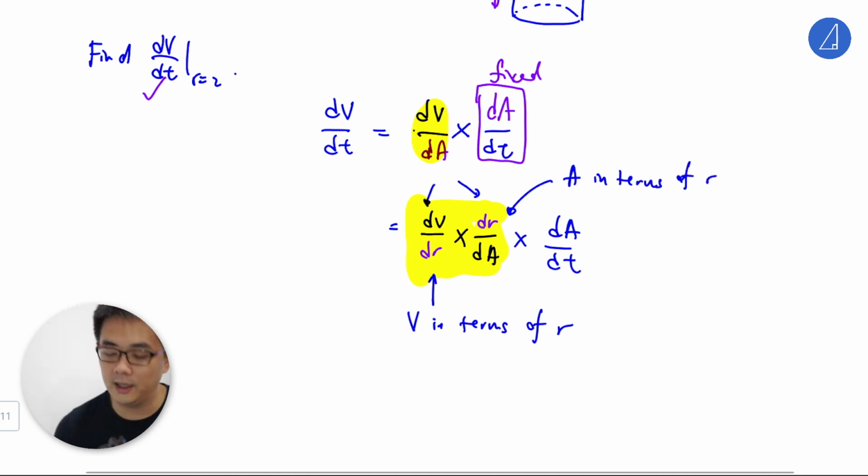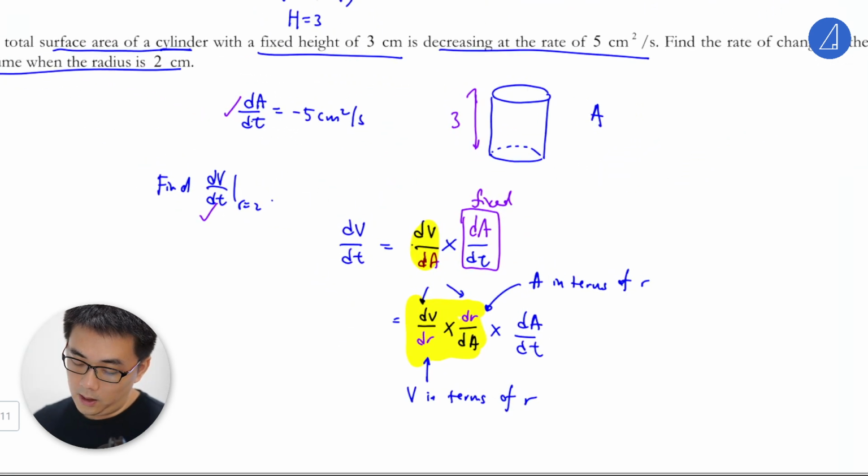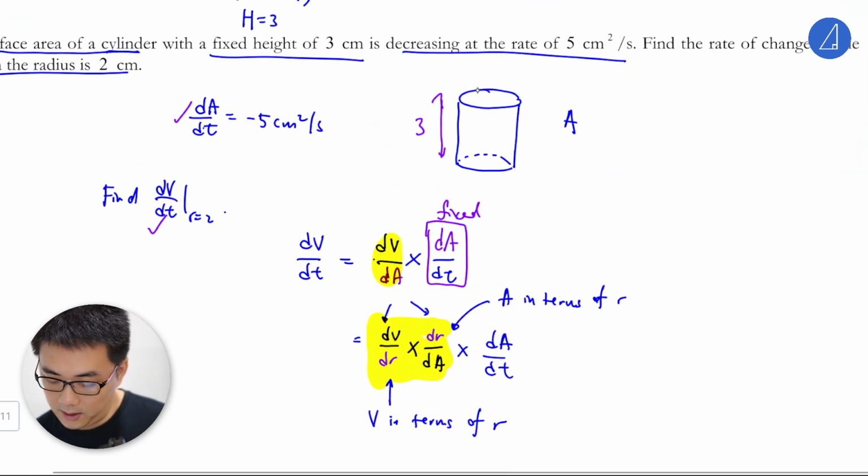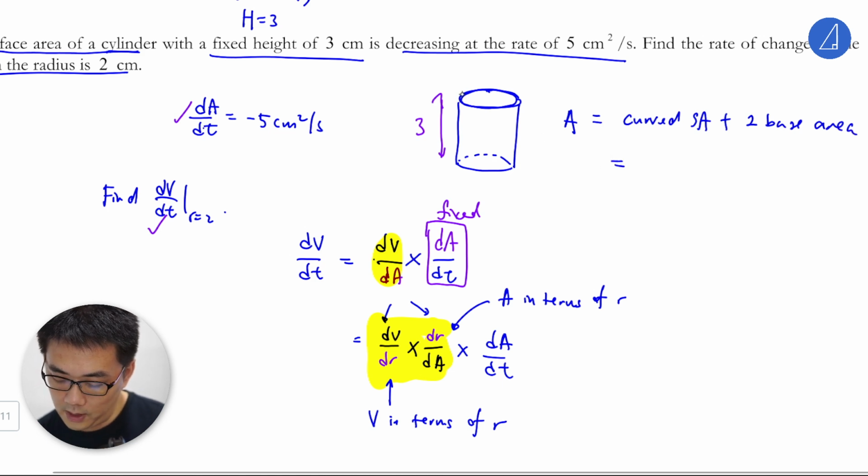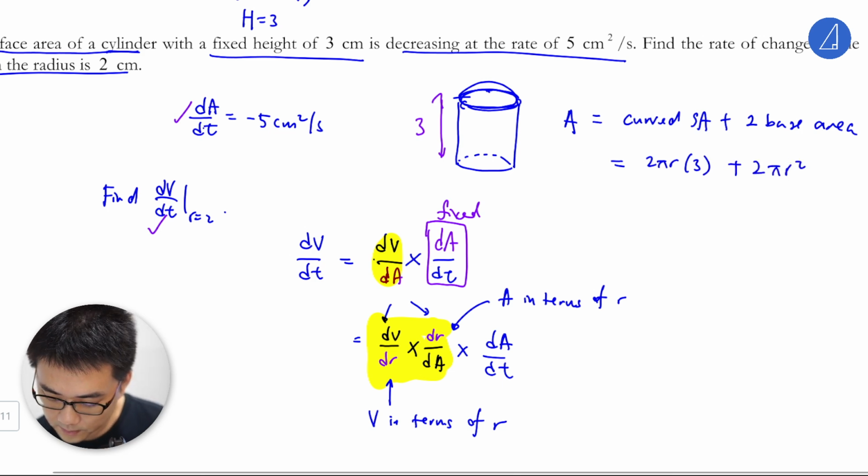So area is the curved surface area plus the two circles: 2 pi r h plus 2 pi r squared.